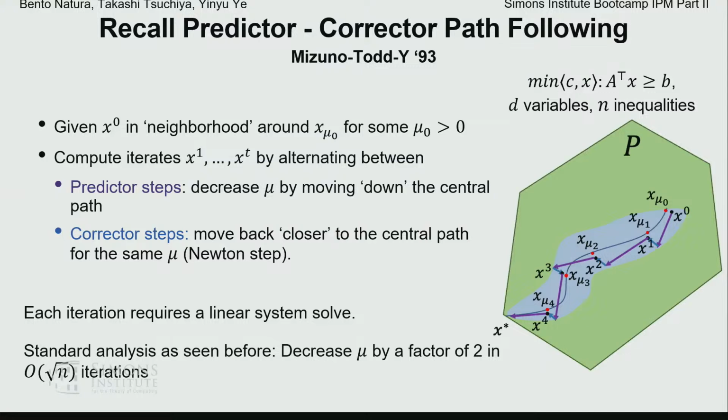Another nice thing is that you can prove this algorithm, at the final stage when it gets close, has so-called quadratic convergence. Do you know what it means?